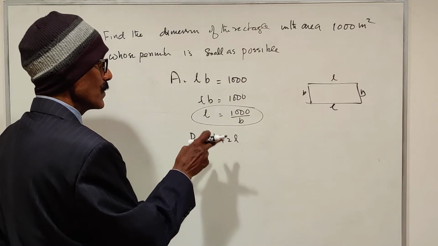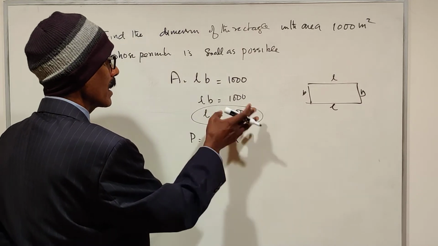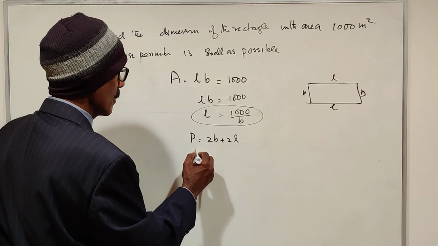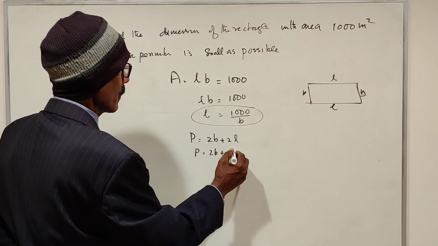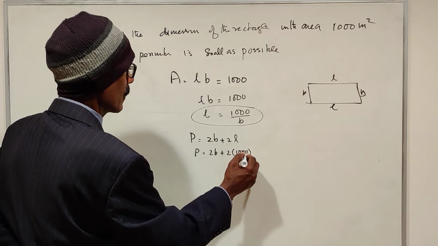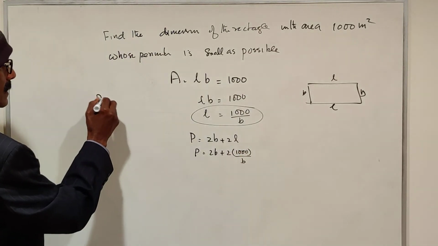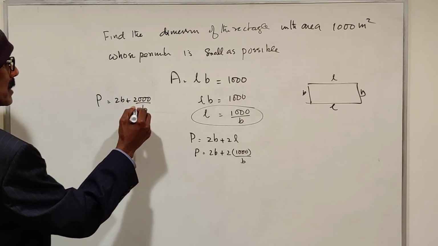You need to substitute any of these, B or L. I already found L is equal to 1000 divided by B. Just substitute there. P is equal to 2B plus 2 into 1000 divided by B. Okay, so P equals 2B plus 2000 divided by B.